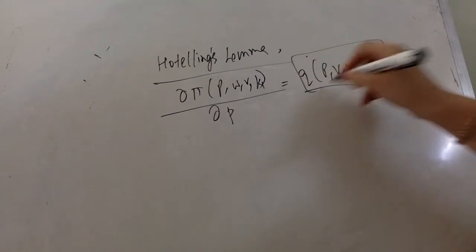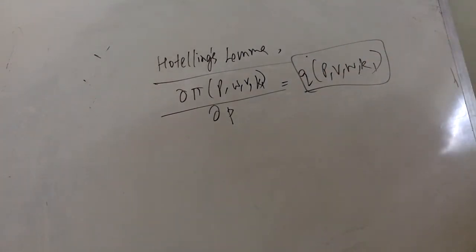So this is Hotelling's lemma, and if you remember Shephard's lemma in the cost function we discussed, it was the derivative of the cost function with respect to the input price. Here Hotelling's lemma is the derivative of profit with respect to the output price.